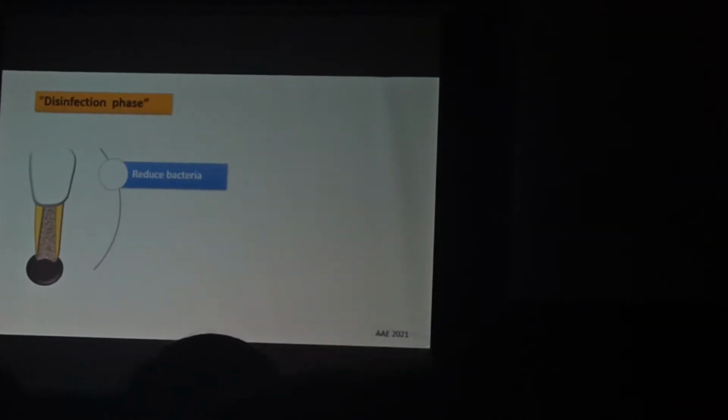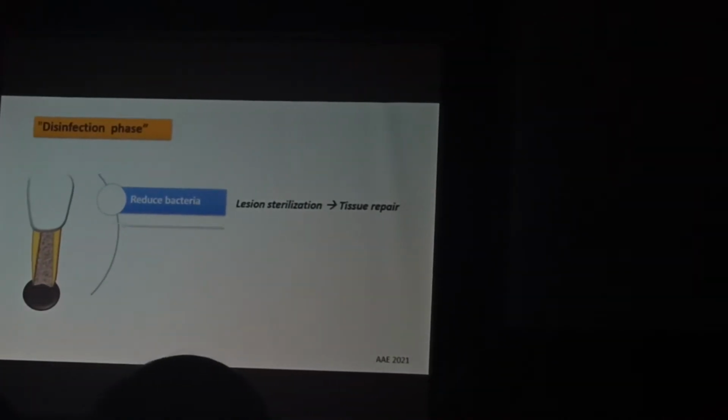The disinfection phase means that we have to reduce the bacteria that cause tooth necrosis, with the concept of lesion sterilization. Reducing the bacteria inside the tooth may create an environment for the tissue around the tooth to be regenerated, creating tissue repair.